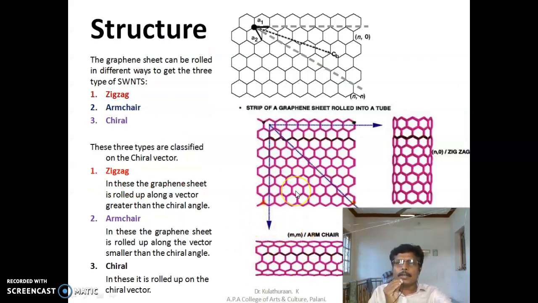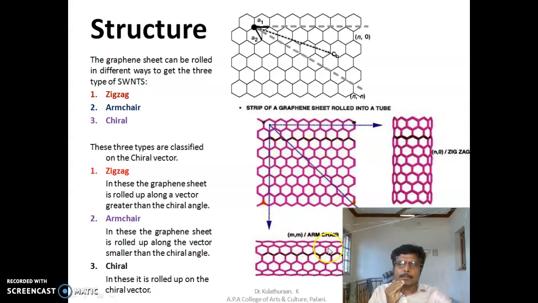Then the structure of single-walled carbon nanotubes. So this is the graphene sheet. It can be rolled in different ways to get the three types of single-walled carbon nanotubes. The first one is zigzag structures, where the graphene sheet is rolled up along a vector.